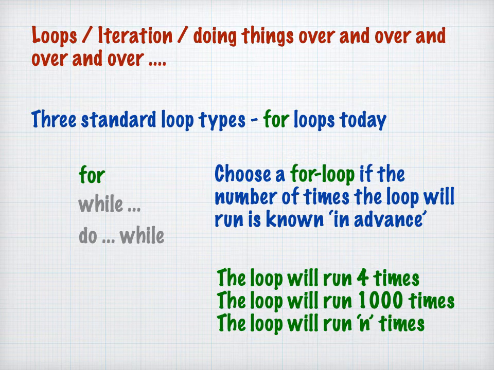You may not actually know how many times the loop will run when you're writing the program, but by the time the PHP processor gets to that bit of code, it will know the value of n or m, and it would know this loop is going to run 20 times or 1,000 times or whatever. So that's what I mean by in advance. We clearly know that there will be a start and an end point to this loop and how many times the loop will actually run.